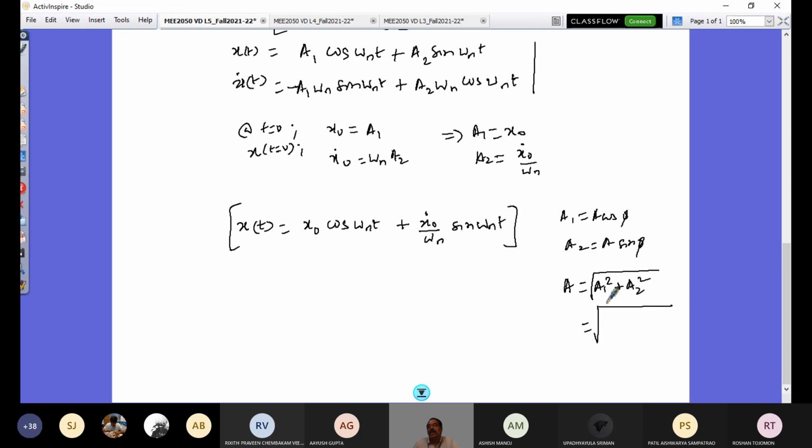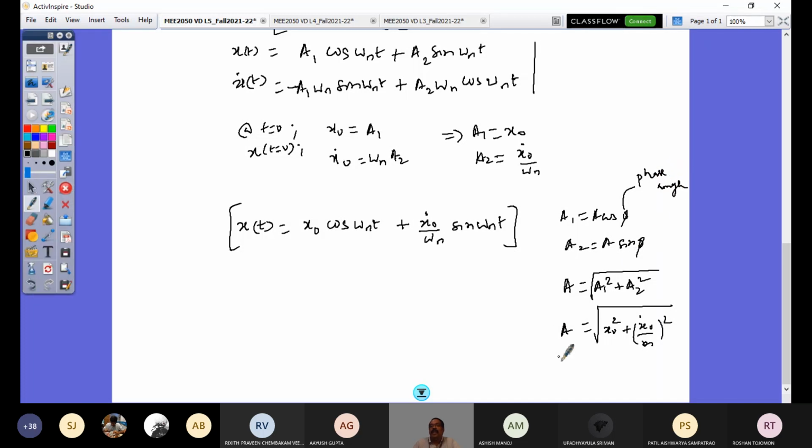I can substitute here my values. That is, x naught squared plus x naught dot by omega n whole squared, under root, is what is my A. So that is amplitude. And I introduce here phi. What is this? Phi is phase angle.